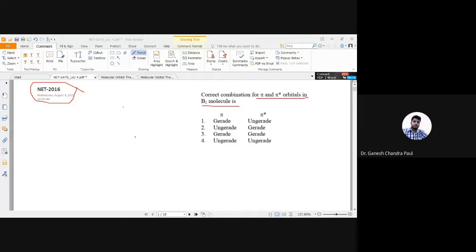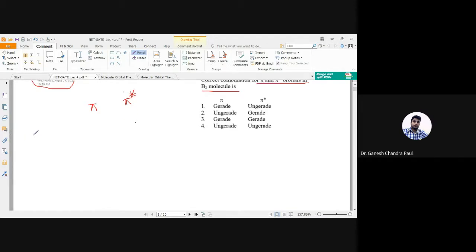So now, as the question is asking for gerade and ungerade symmetry, you have to determine the symmetry of both the pi and pi star orbital of B2 molecule with respect to the center of symmetry. First, you just write down the MO electronic configuration of B2 molecule.